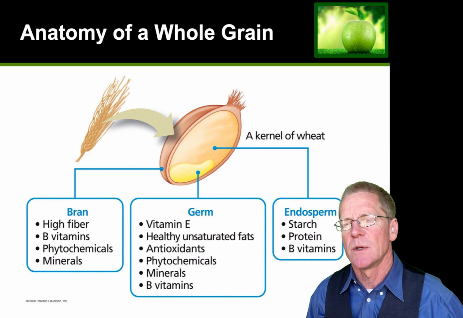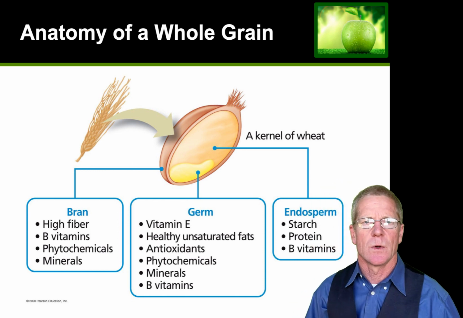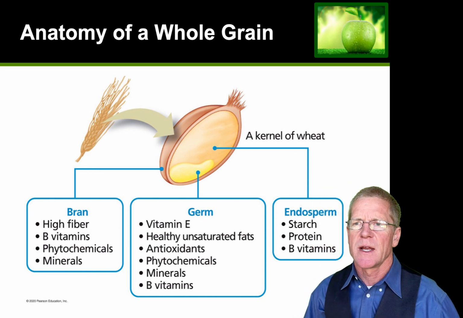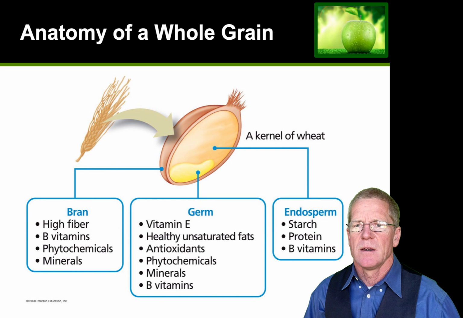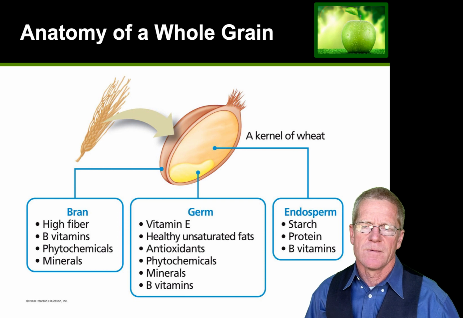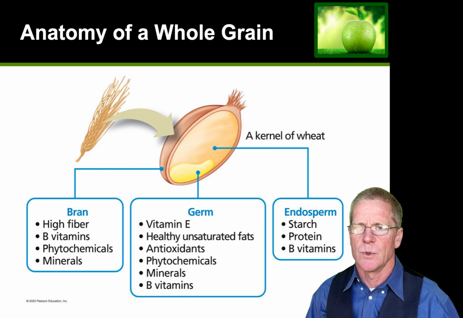When I talk about whole grain, what do I actually mean? This shows a whole grain wheat kernel. The whole grain is the entire kernel of wheat, including the bran, which is the outside, the germ, and the endosperm, which are the insides. The bran contains a lot of fiber, B group vitamins, many phytochemicals and minerals, really important.